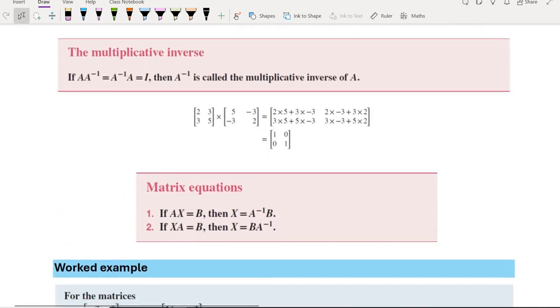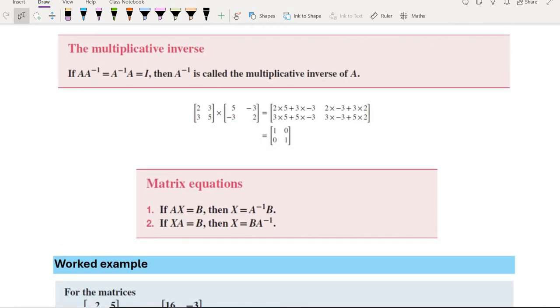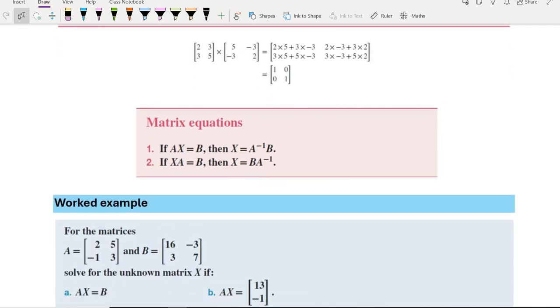What's special about the inverse is that if we multiply the inverse and the original together, we always end up with the identity matrix, which is just 1s here and 0s everywhere else. Another way the inverse is really useful is in finding, say, x.